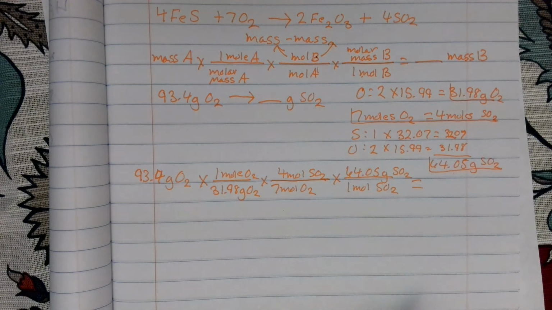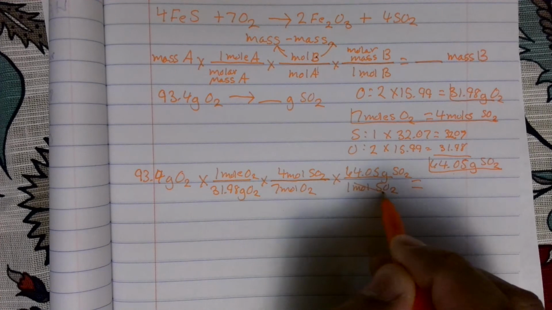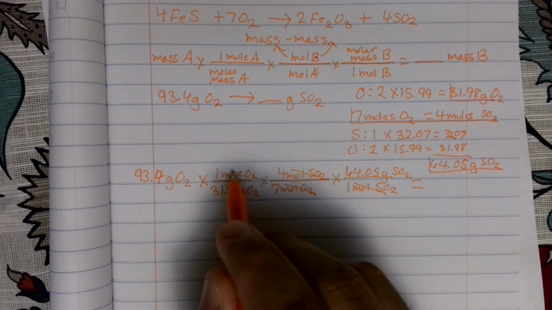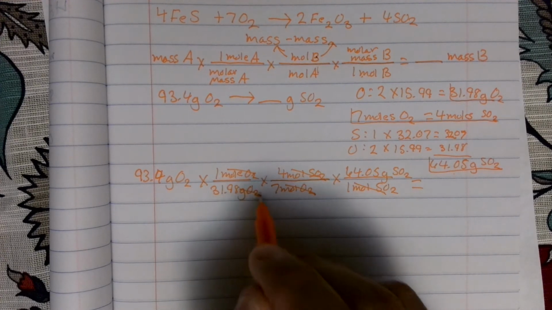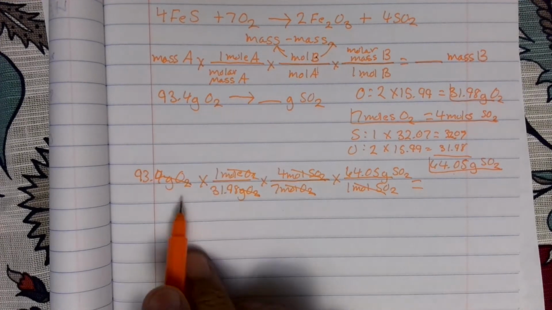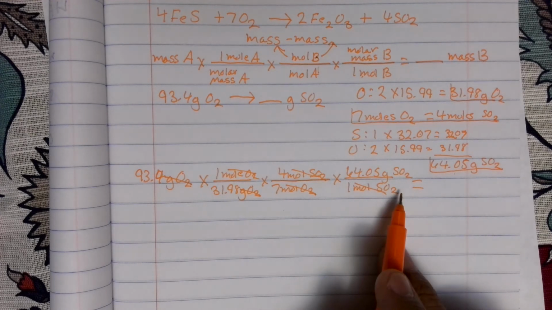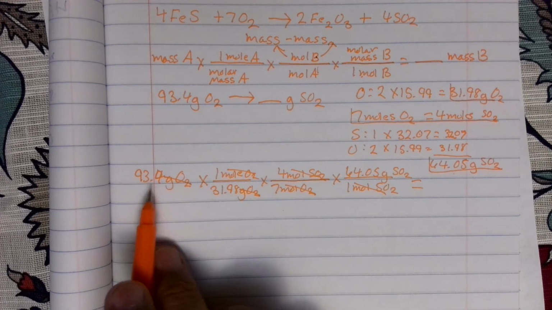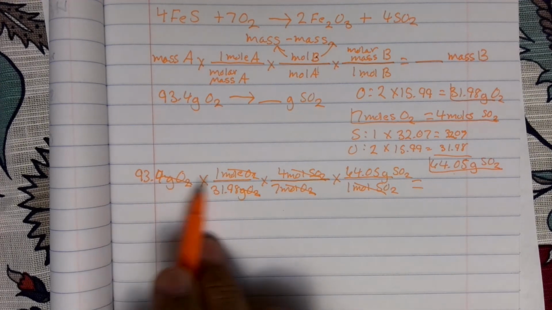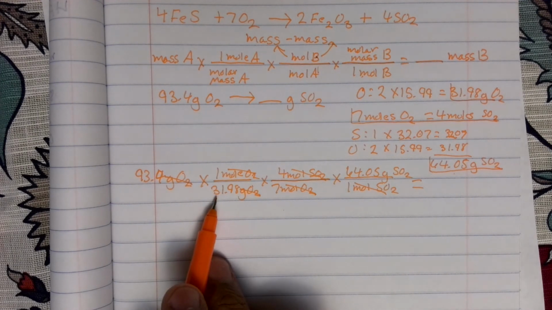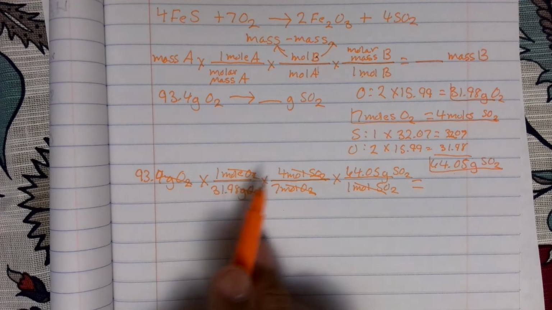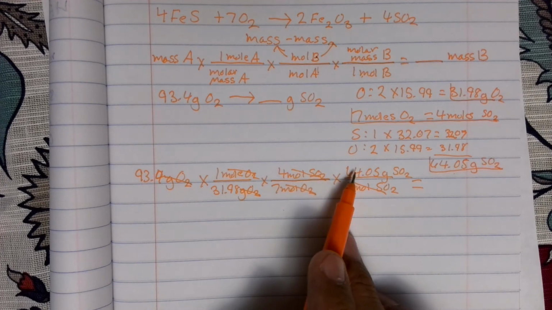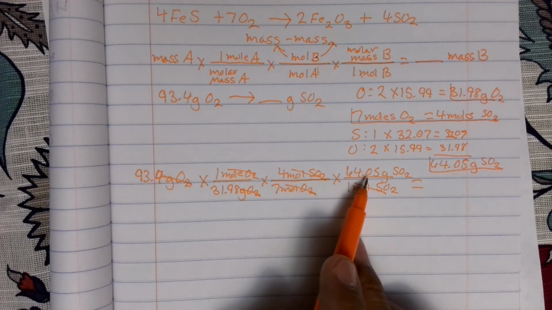So before I get to the answer though, cancel out. That's opposite, that's opposite. Moles of O2, moles of O2, grams of O2, grams of O2. So you see everything cancels out nice and neatly, and now it becomes a problem of plugging it into the calculator. I would take 93.4 times 1 divided by 31.98 times 4 divided by 7 times 64.05.